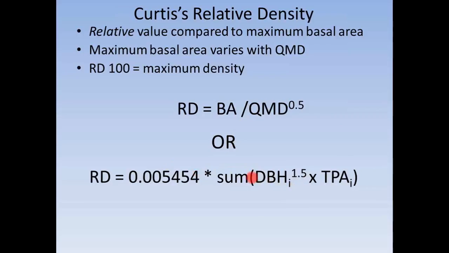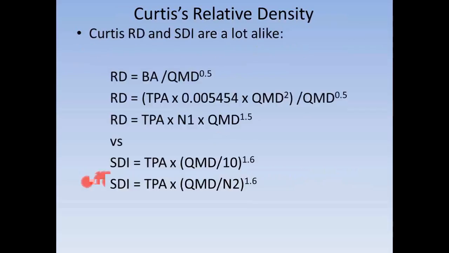If you have your tree DBH and trees per acre, so the trees per acre represented by each observation in the tree list, you can raise DBH to the power of 1.5, multiply by the trees per acre, and sum these up, and then multiply by our old standard 0.005454, which is what we use to go from DBH to basal area. Bob prefers this method, and we'll talk about why here in a minute.